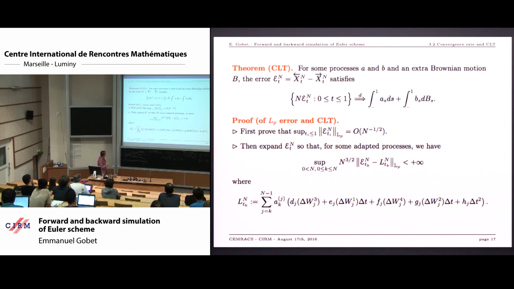What is a bit unusual is that you have a sum between k and the terminal index, but this is just a detail. So the error is approximated at the main order by a simple adapted process.